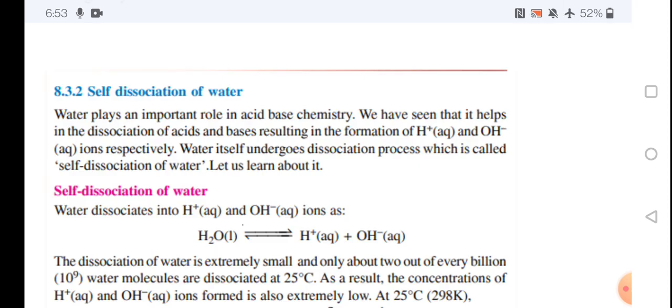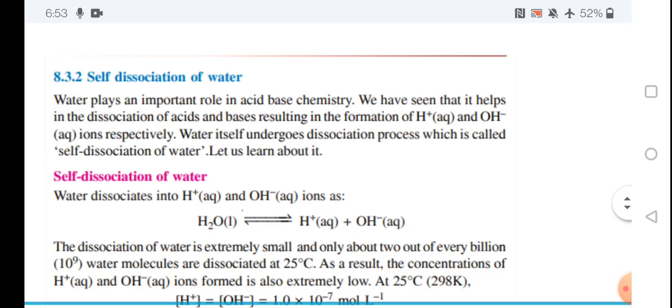That means water is important to learn the characters of acids and bases. So water is necessary to show the acidic property and basic property. But in this section, that is self dissociation of water, the water itself undergoes dissociation. That means the water molecules will separate.